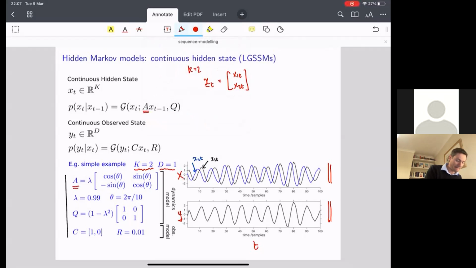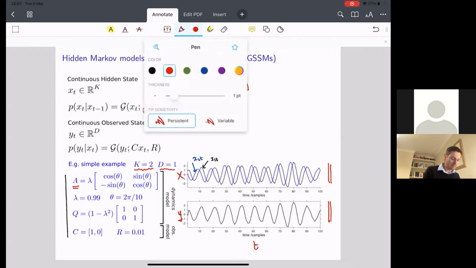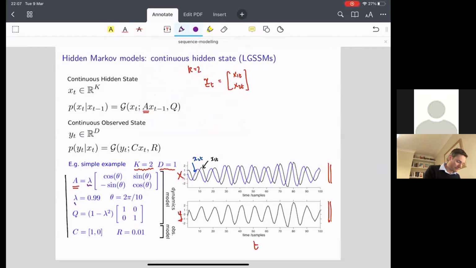Remember, this is the dynamics matrix in here. That looks like this constant lambda in here, which is given below, and is very, very close to 1, times a matrix which involves sines and cosines. So that's the first bit of the model.